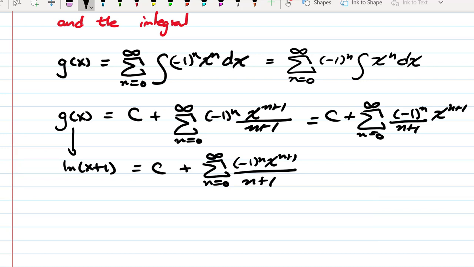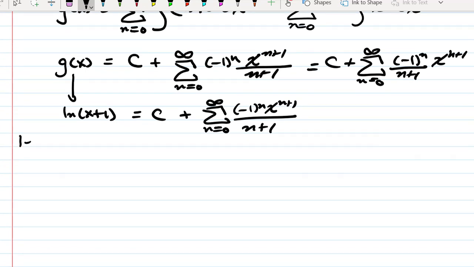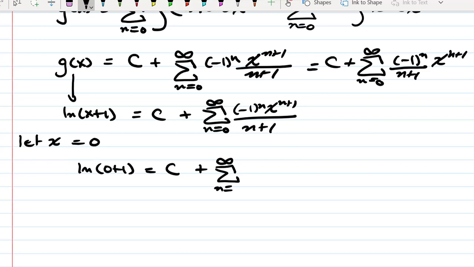Well, we would like to know that constant of integration. So if we let x equal to 0, that gives us the natural logarithm of 0 plus 1 is equal to c plus the sum as n goes from 0 to infinity of negative 1 to the n, 0 to the n plus 1 all over n plus 1. But what is this series going to add up to?